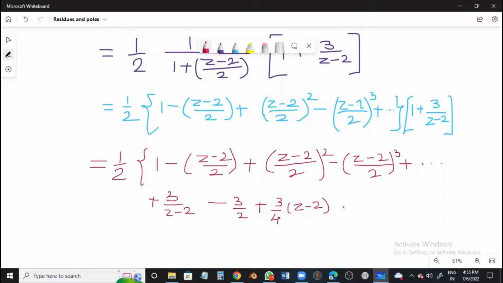What next? Minus, this is 2 cube, so 8. I'll get 3 by 8 and Z minus 2 bracket square, and so on. Followed this? Is this fine?